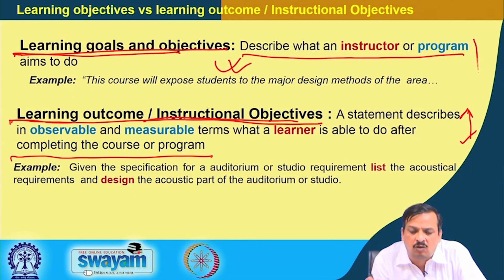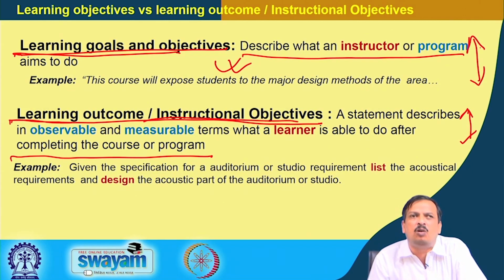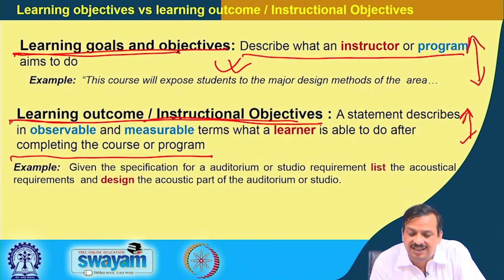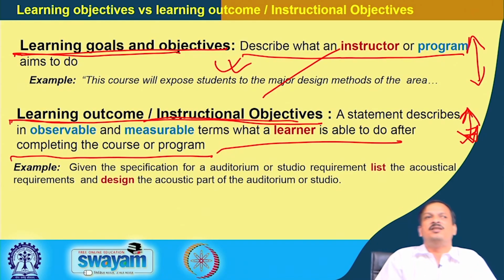This is the wish of the teacher to cover in the program or course, but this is what the learner has to achieve. So, this is learner centric, this is teacher centric. When I write only a course objective, not an instructional objective, it is the teacher's goal or program goal. When I say course outcome or instructional objective, it is the learner goal. The learner has to achieve it.